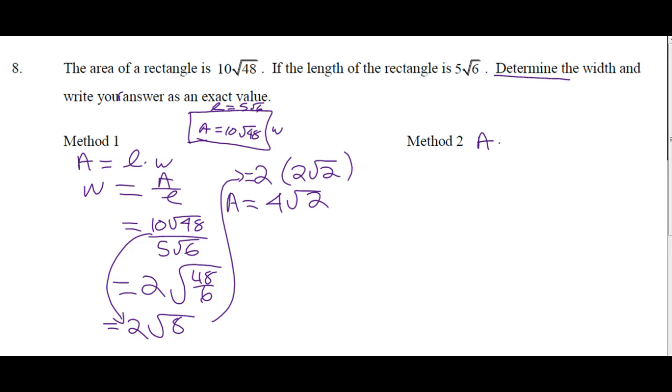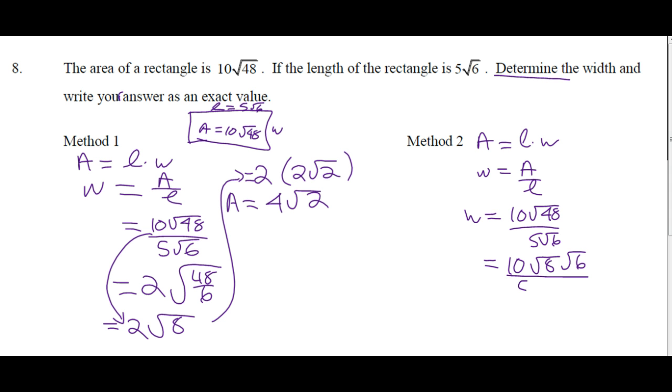Method 2, same deal. So we rearranged area divided by length. So 10 root 48 over 5 root 6. So it's 10 root 8 root 6 over 5 root 6. So 2 root 8, which is equal to 4 root 2.